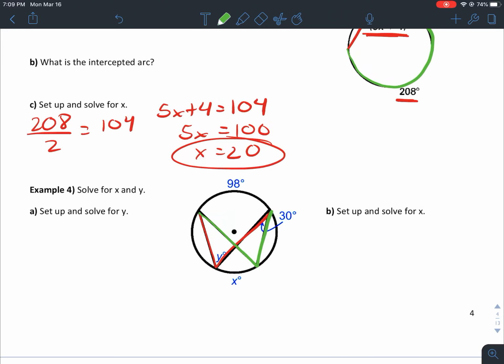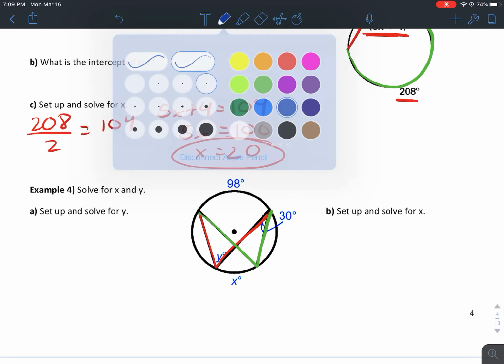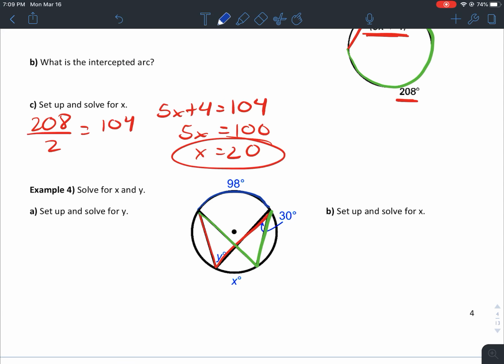Notice how they intercept the same arc, right? They're different angles, but they intercept this same arc. So when that happens, you know that these inscribed angles are automatically congruent, and that's something that you need to know. So this one says to set up and solve for y.